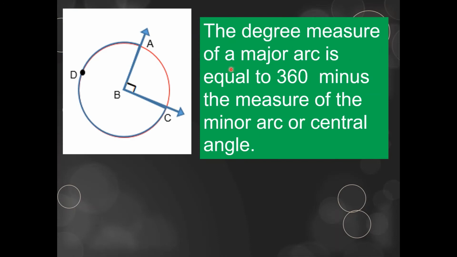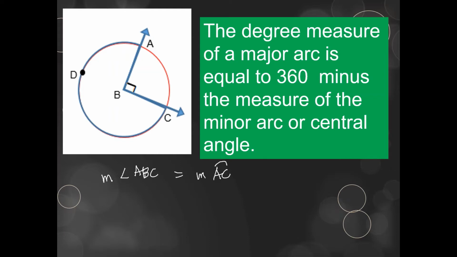We have another statement that the degree measure of a major arc is equal to 360 minus the measure of the minor arc or central angle. So, based dun sa statement kanina, the measurement of the angle ABC, which is the central angle, is equal to the measurement of its intercepted arc, which is arc AC.